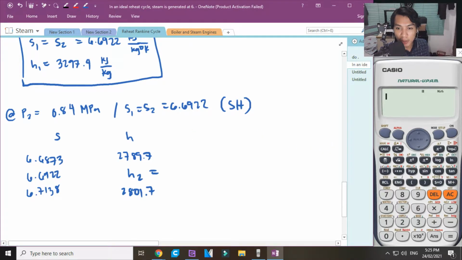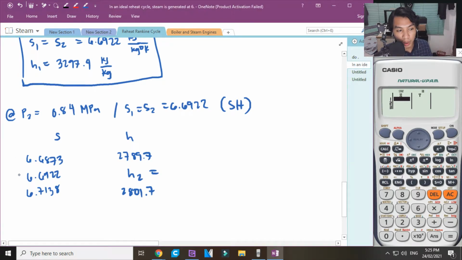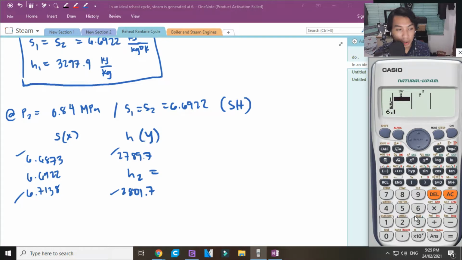You press what? Press mode 3, 2. Tabulated yan, di ba? Anong kukunin mo lang dyan? The ones that is not in between. Okay? This is the X. This is the Y. 6.6873. And then 6.7138.